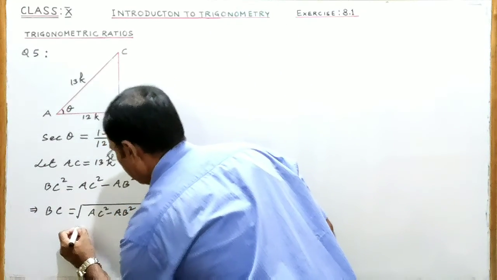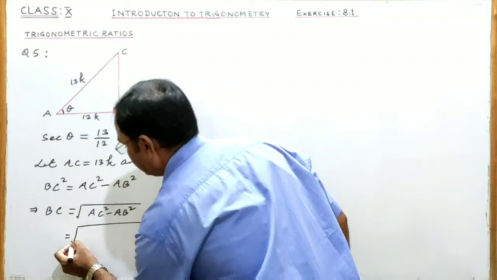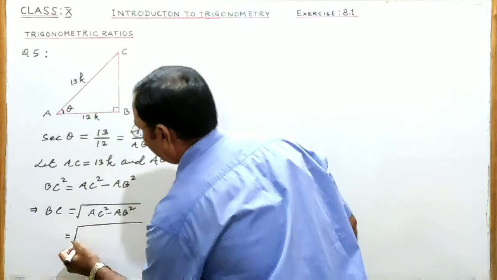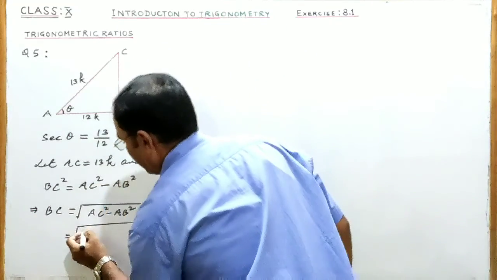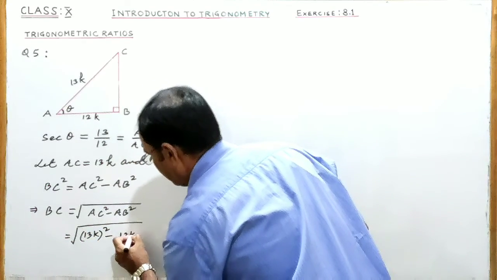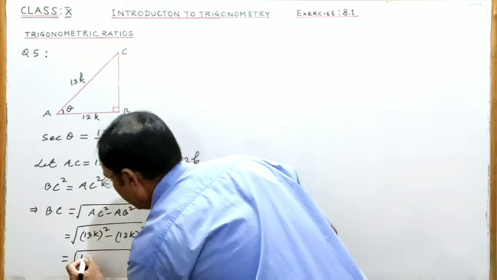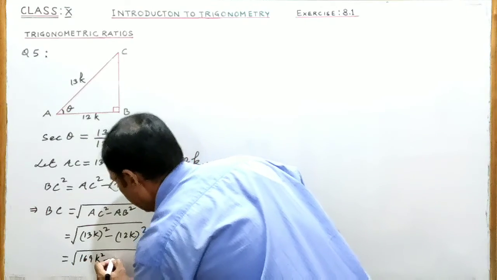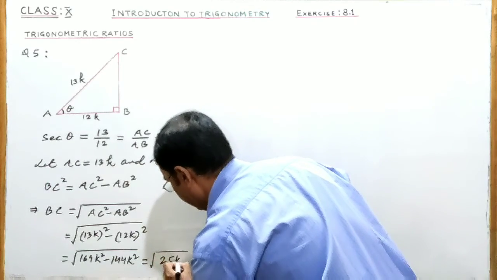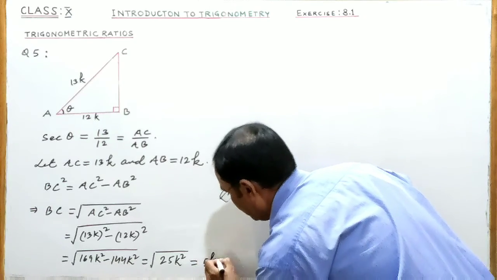This is equal to under root (13K) square minus (12K) whole square, equal to under root 169K square minus 144K square, which is equal to under root 25K square, which is equal to 5K.